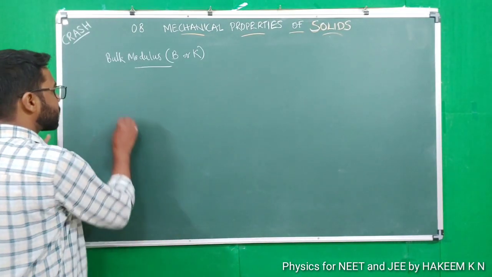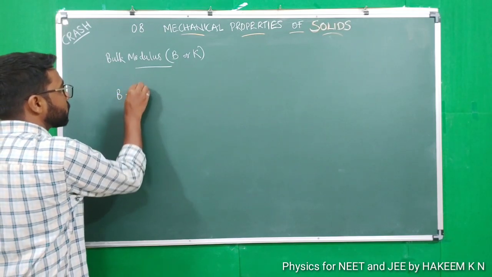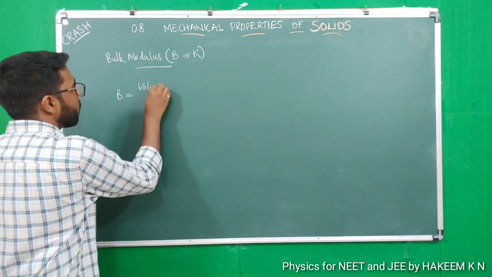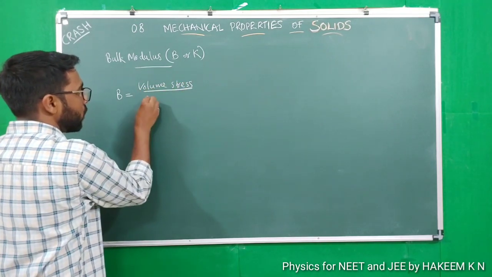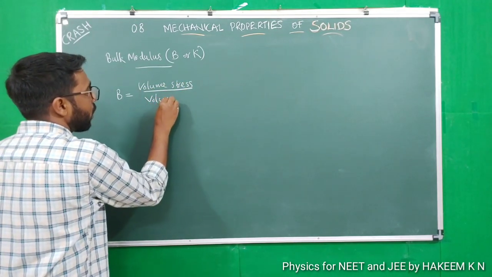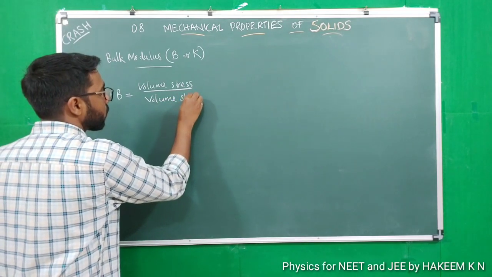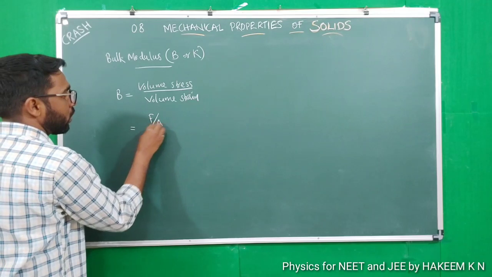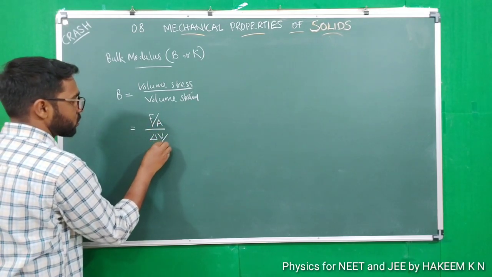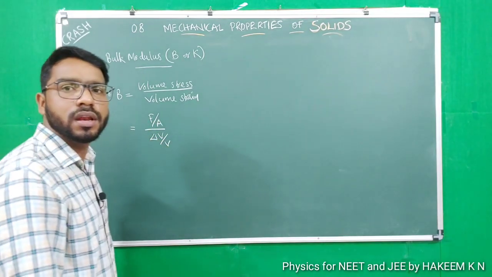Bulk modulus means volume stress by volume strain. Stress is force by area and volume strain is change in volume by original volume.